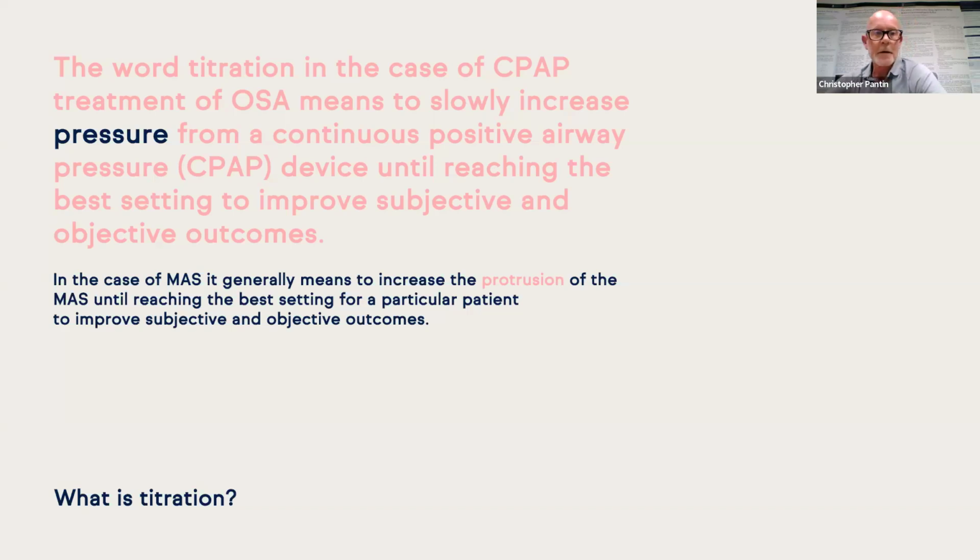In the case of mandibular advancement splints, it generally means to increase the protrusion of the splint until reaching the best setting for a particular patient to improve subjective and objective outcomes. So it's very simple. Well, it sounds very simple. It sounds like all you have to do is make a splint and turn the screws and everything will be good. But we'll find out by the end of the lecture that that's actually not necessarily the case.